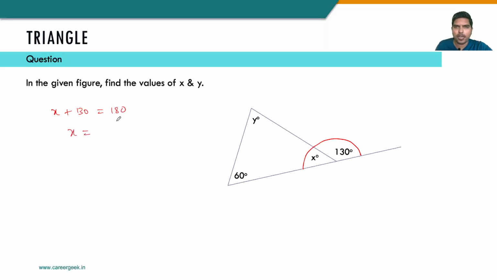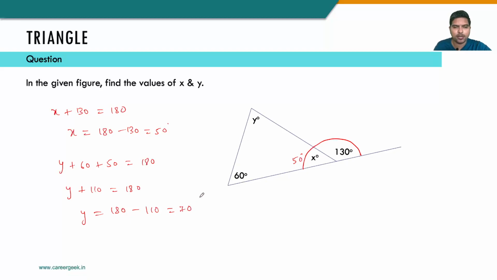So you can find X value first, which is 50 degrees. Once you have this, you can find the value of Y also. So Y plus 110 is 180. So Y is 180 minus 110, which is 70.